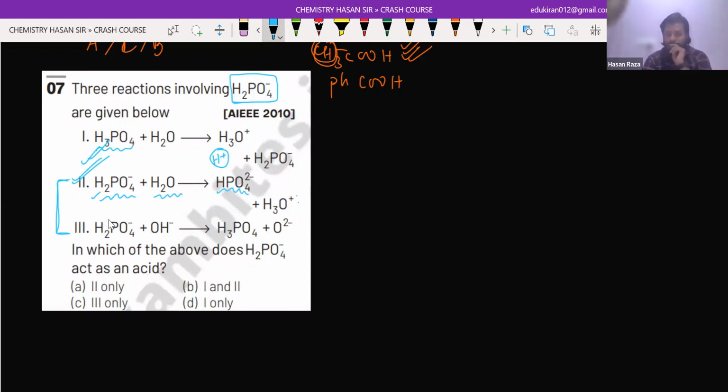Is that clear? In the third, H2PO4 minus and OH minus, it accepted H plus and becomes H3PO4. So it is not acting as an acid, it is acting as a base here, and hence the only answer is A. Is that clear, everyone?